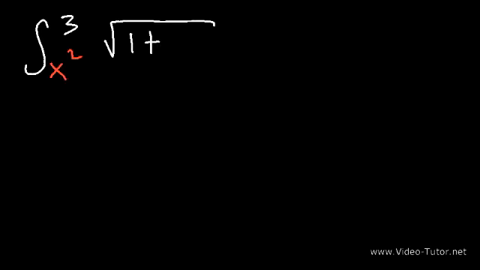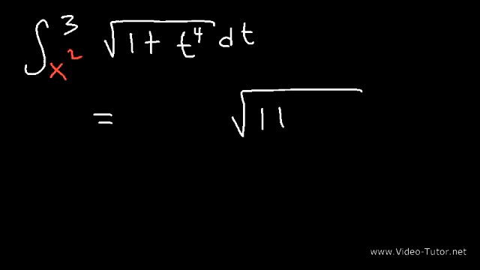Now what about this one? Let's say the x squared is on the bottom. And let's say it's square root 1 plus t to the fourth. So once again, we're going to replace t with x squared, and multiply by the derivative of x squared, which is 2x.